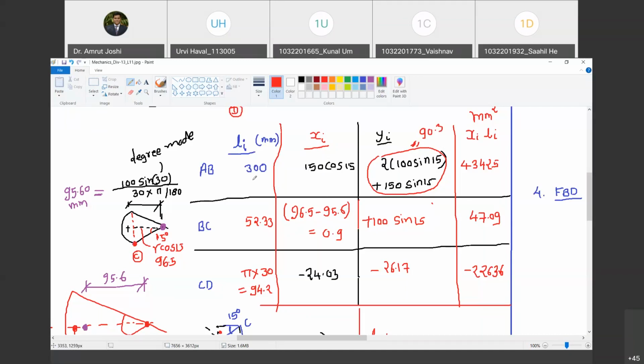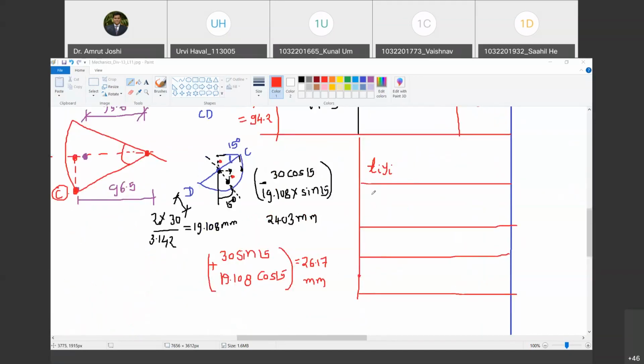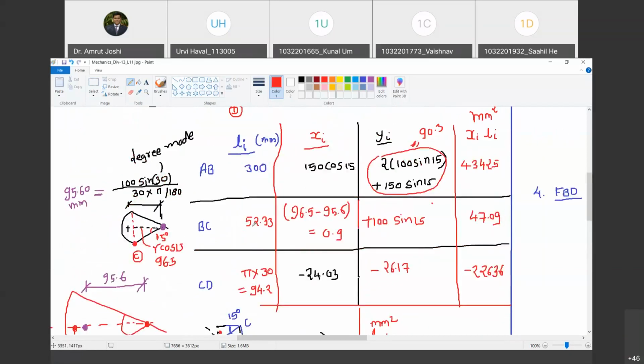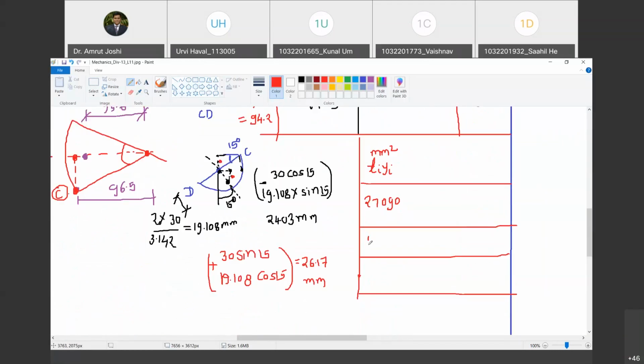So 90.3 multiplied by 300 is 27,090. This is also in mm square. Next, 52.33 into 100 sin 15, which is 1,350.1.